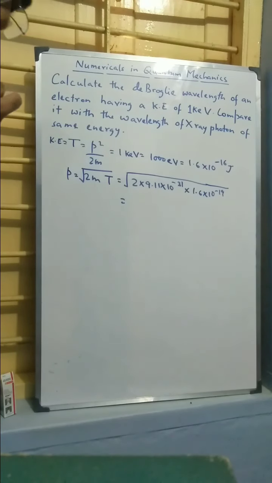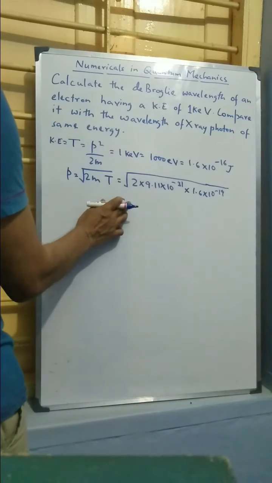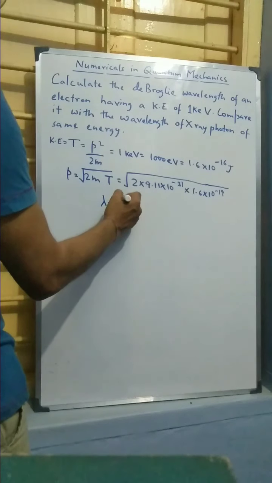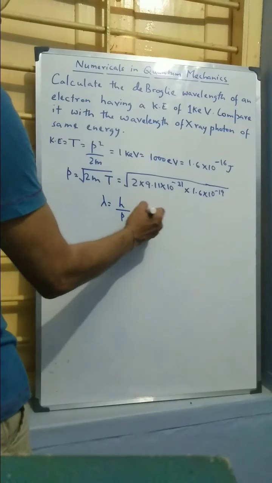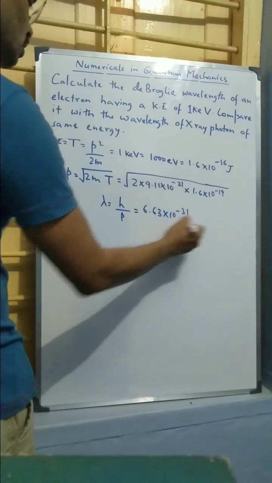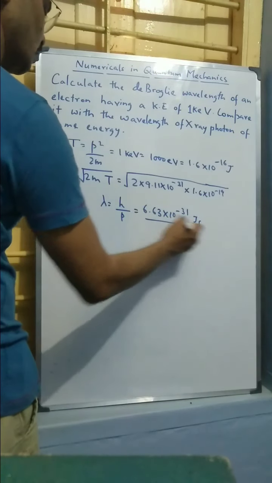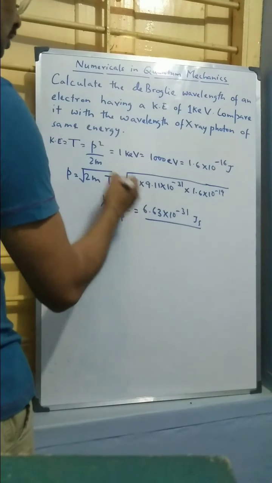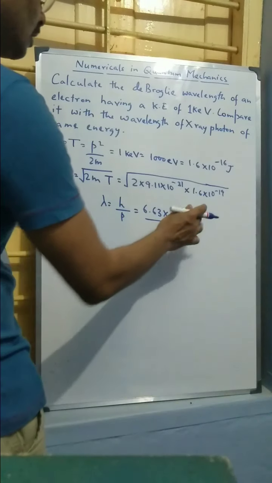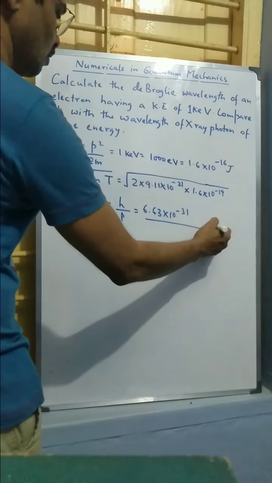You can just use a calculator and evaluate the momentum. I can give you the answer: lambda is equal to h by p, which is 6.63 into 10 to the power minus 34 joule second divided by p, in kg meter per second, so that gives us an SI unit of meter.